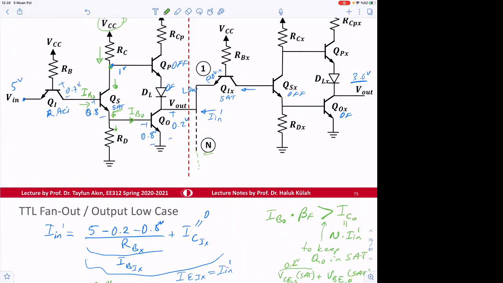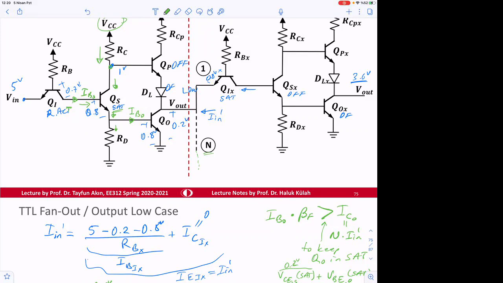IBS can be calculated considering that this is reverse active, QI. And you know that IBS is equal to this current. So that current is in reverse active. This current is for QI. This acts like an emitter. Remember?